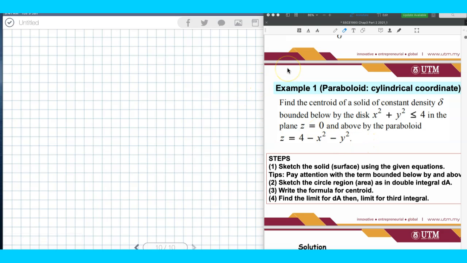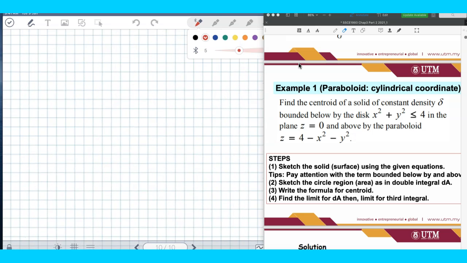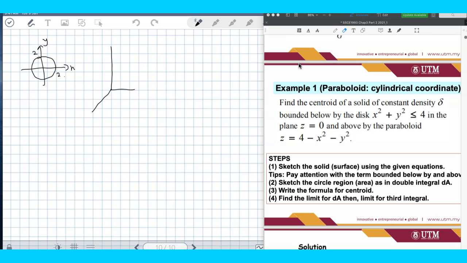Now the important part is to sketch the graph. Based on the information provided, on the xy-plane you have a circle with radius 2 centered at the origin. This means it is just a cylinder, maybe a very thin cylinder, with radius 2.